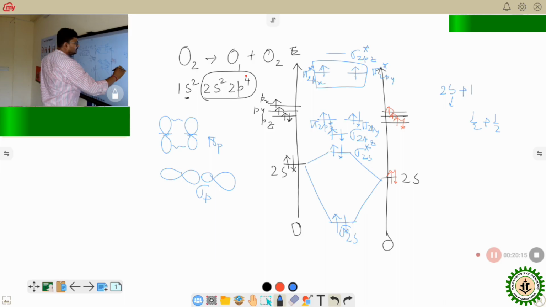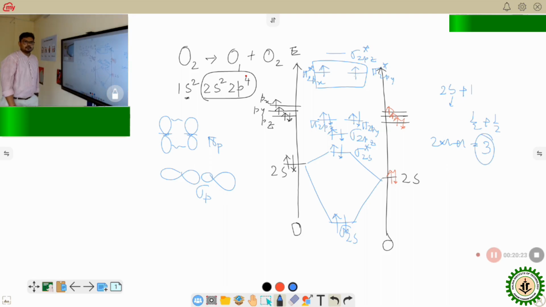So 2 into 1 plus 1 is equal to 3. So oxygen is triplet in nature. So after drawing the molecular orbital diagram of oxygen, we can determine that oxygen is paramagnetic in nature and at the same time it is triplet in ground state.